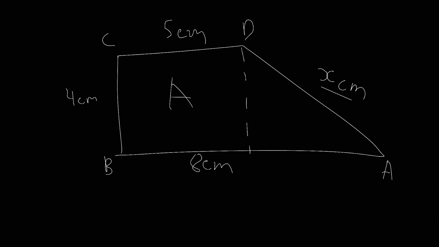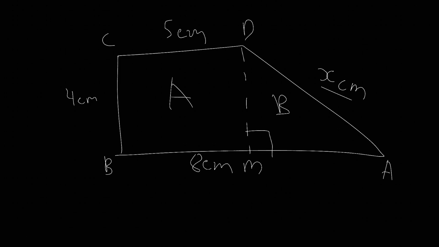So I can say that this is A, and I can say that this shape is B. We can see that shape A is a square, and D to A, to, let's create our own point such as M, is a right angle triangle, and I can see that my right angle is here. So shape A isn't a square, actually it's a rectangle since all sides aren't equal. But anyways, I have rectangle A and right angle triangle B.